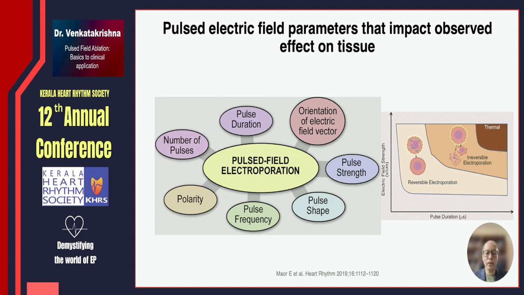So there are many controllable factors when you're designing this type of energy form which can affect the cellular architecture and damage. As we move from left to right, you can see reversible electroporation, then irreversible, then thermal effect. If you are somewhere in this particular area, you can have an effective form of ablation which is long lasting.